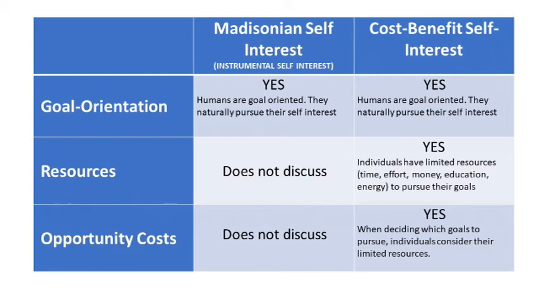Once you use your resources to achieve one goal, you do not have them to pursue another goal. Cost-benefit self-interest suggests that we all have to choose how to use our scarce resources to achieve our multiple goals. Right now, you're making a choice. There are only 24 hours in a day.